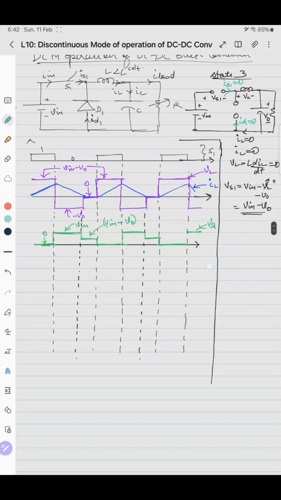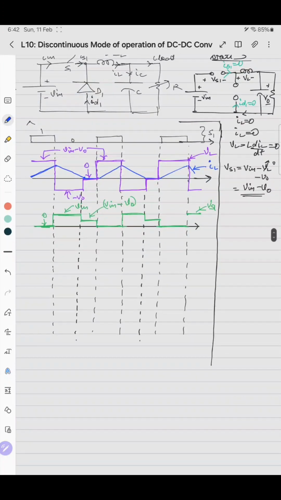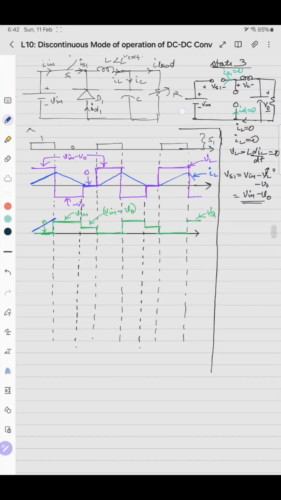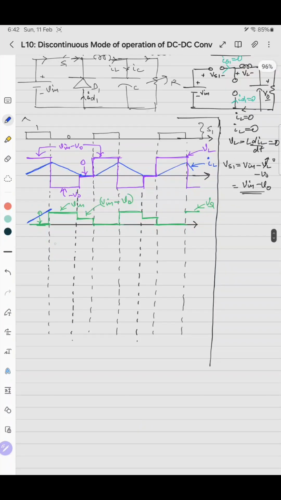When the switch is on, the current in it is IL. So I will use the same color as that of the inductor. Like this. When the switch is off, the current through it is 0.